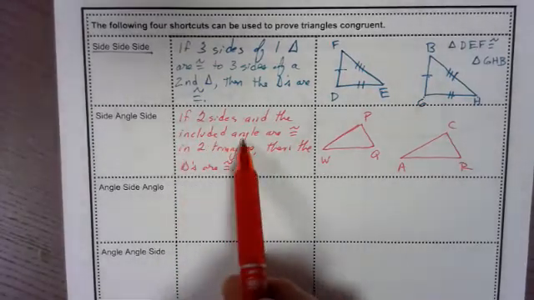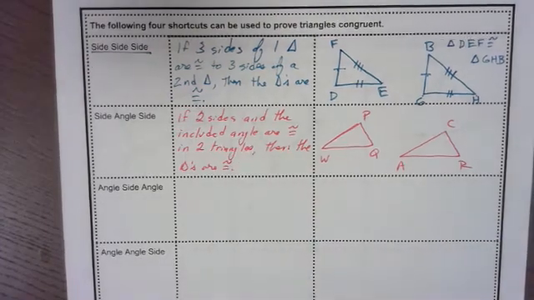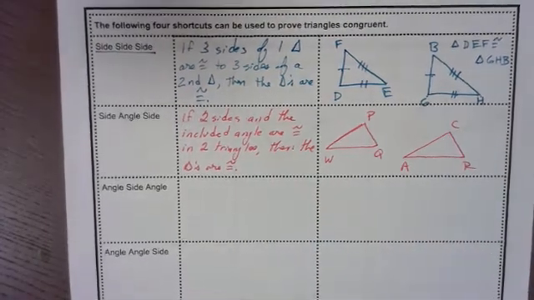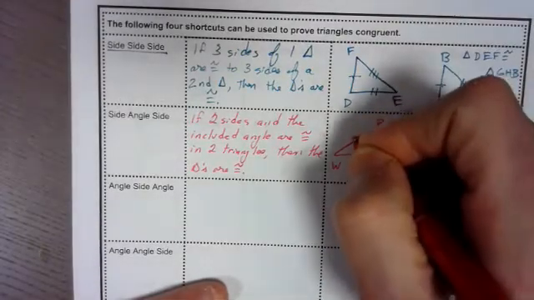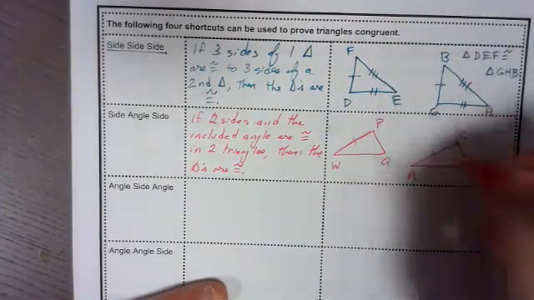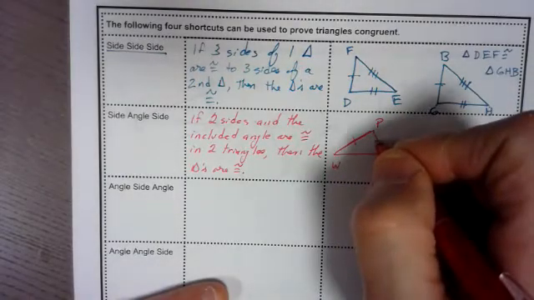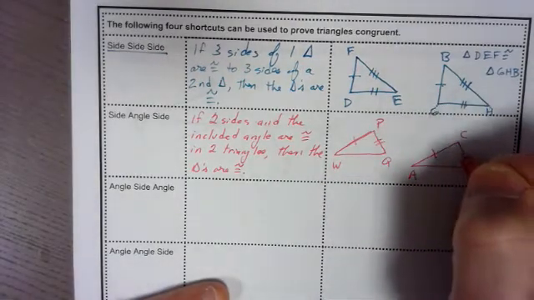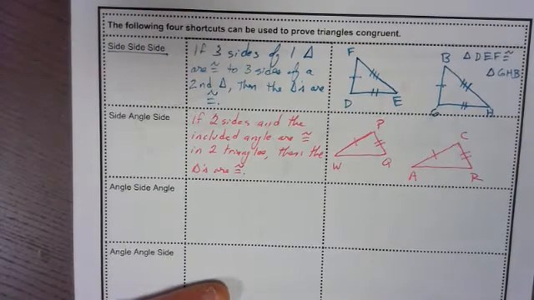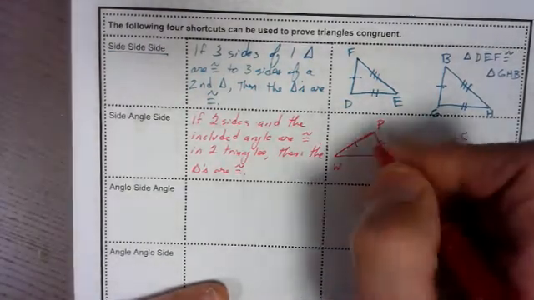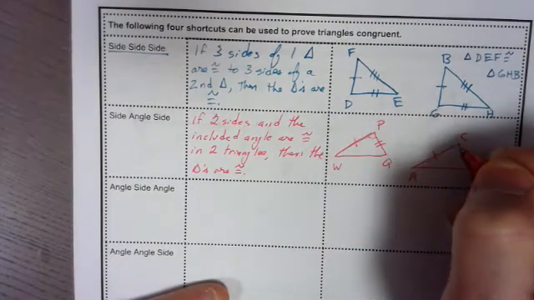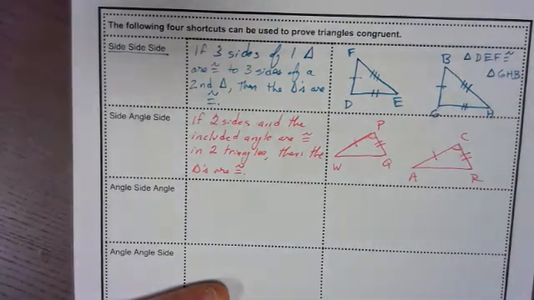Included means that the angle in question has to be between the 2 congruent sides. So let's say we have side WP congruent to side AC, and we have side PQ congruent to side CR. The included angle would have to be the one between those two. So that would need to be angle P being congruent to angle C.